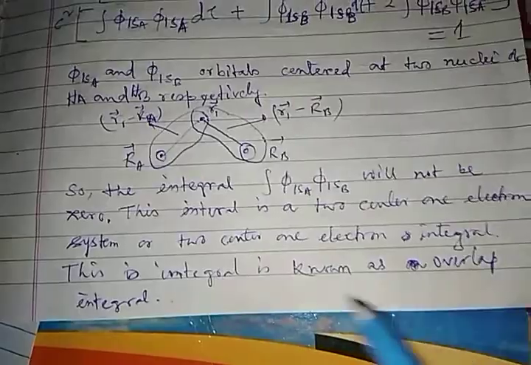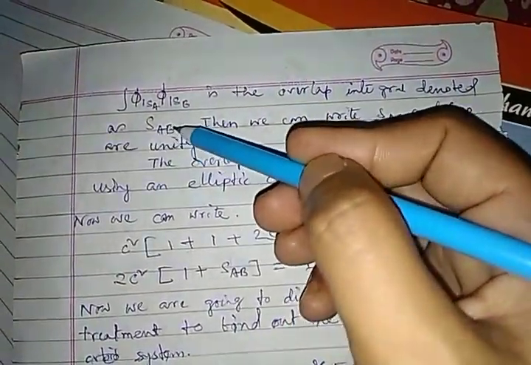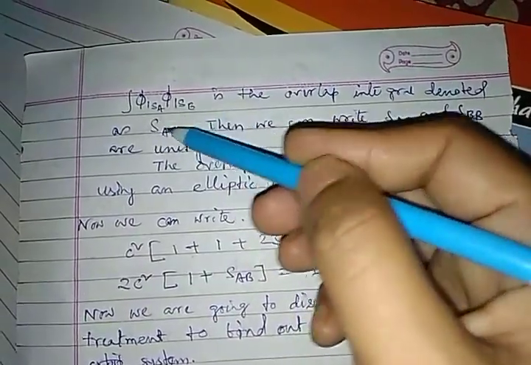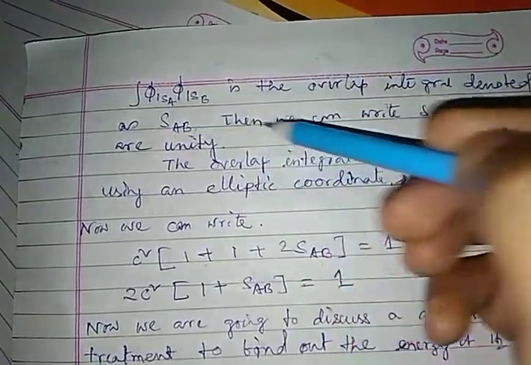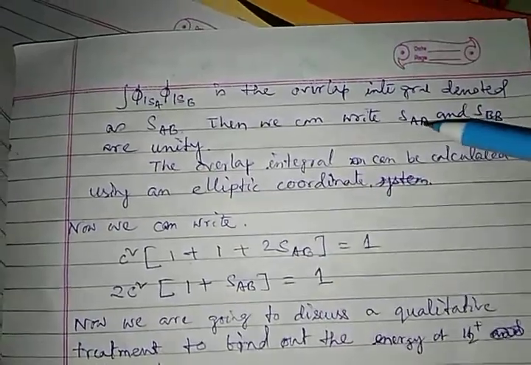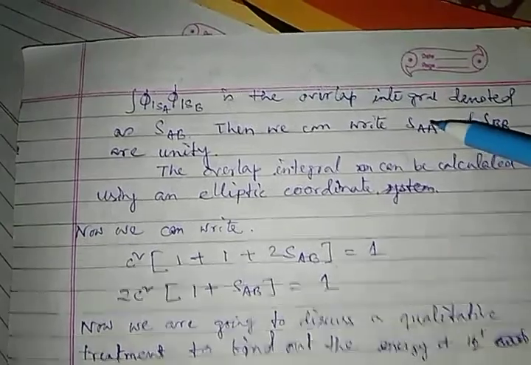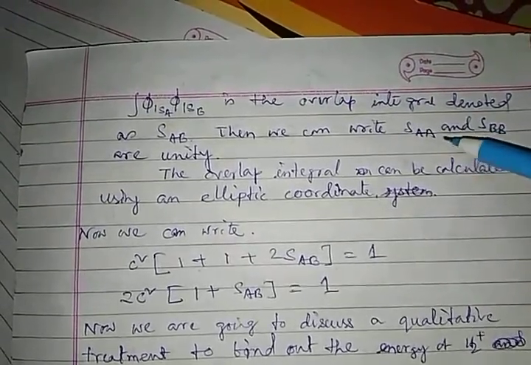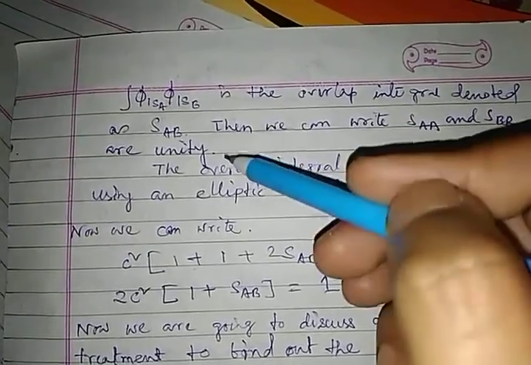This integral is known as the overlap integral, a two-centered one-electron integral, denoted as SAB. That is the overlap between atomic orbitals A and B. If I consider the pure case, the first and second integrals in the expression, then it will be SAA and SBB, and both SAA and SBB will be 1.